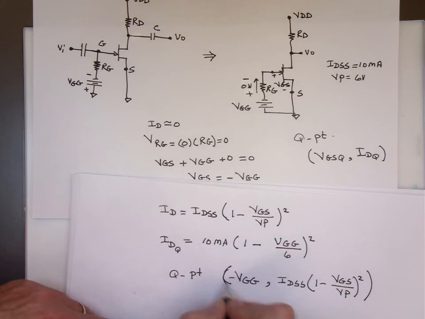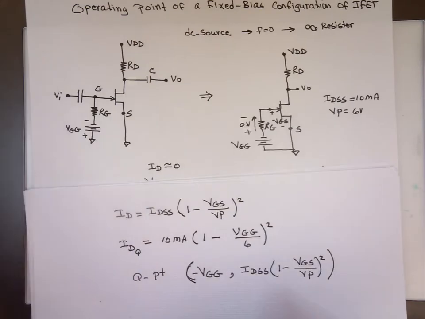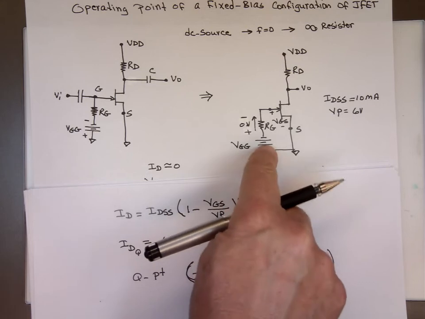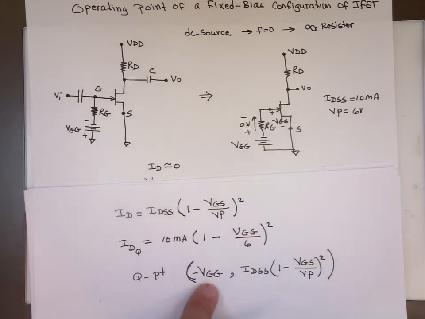So when this transistor is working, you tell me what this value is, I'll tell you what VGS is going to be, and I will tell you what I sub D is going to be. So these are the two answers for the Q point.